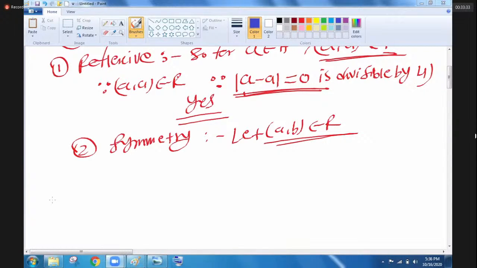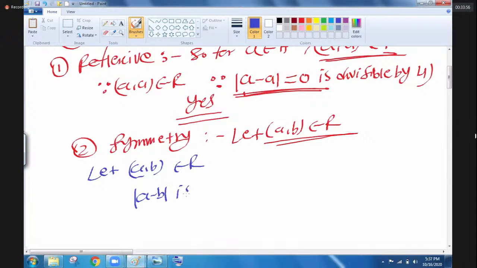Wonderful, you have done a good job. So symmetry. Let's find out symmetry. What is the condition for symmetry? Let AB belong to a relation R. If AB belongs to R, A minus B is divisible by 4.